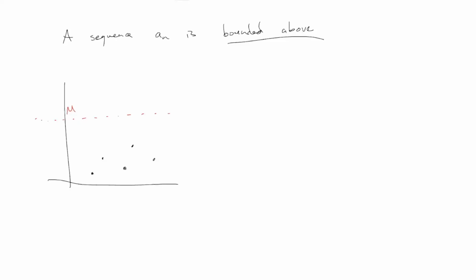A sequence is bounded above when there exists some real number m such that all the terms are below m, and they are allowed to equal m.